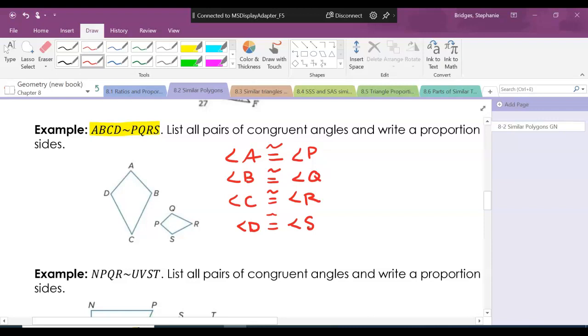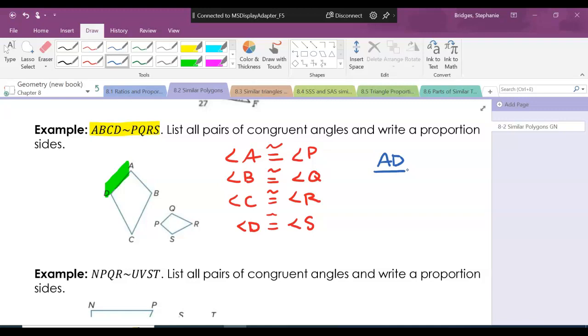Everybody ready? All right, and then to write a proportion, there are multiple proportions we could write. We're just going to start by picking a side. So let's say we choose AD. Okay, so segment AD over... what I have to figure out is which segment is in the same position in the other figure.